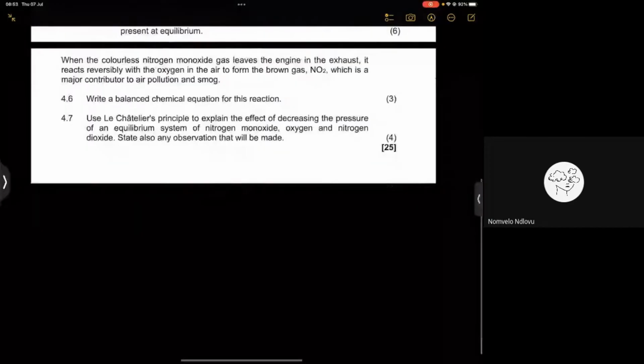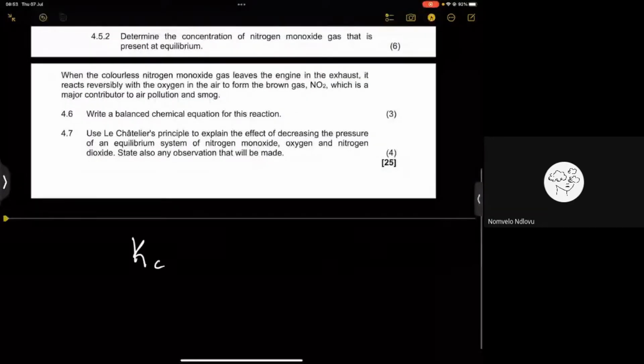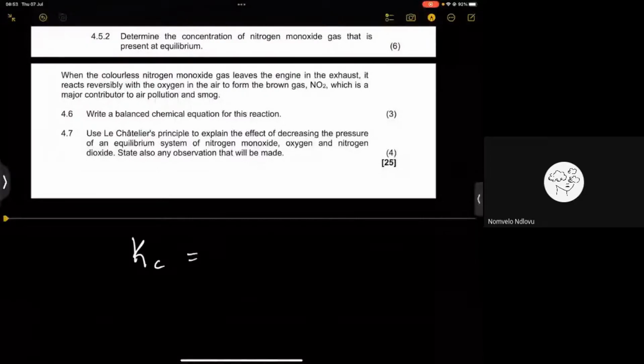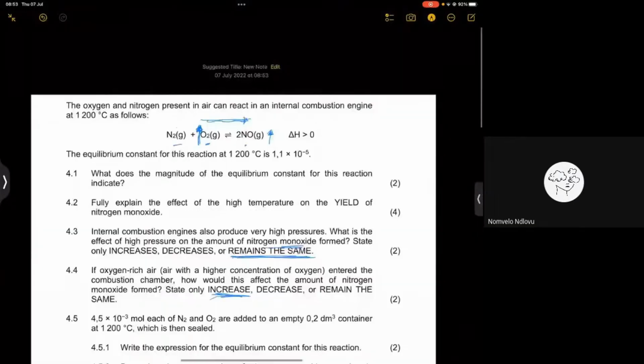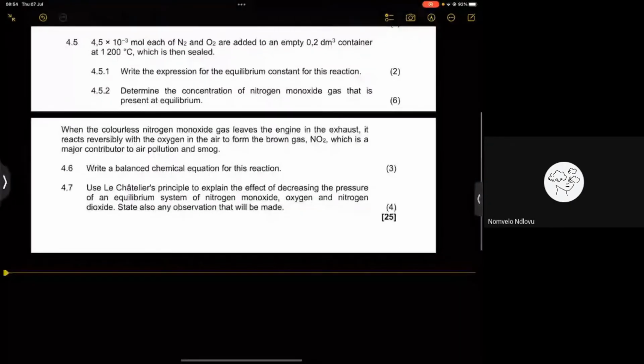Right, now, remember, the expression for the equilibrium constant will always be the product. In fact, let me write down the reaction first so that you can see it. Okay, so remember, reaction is N2 plus O2, giving us 2NO.